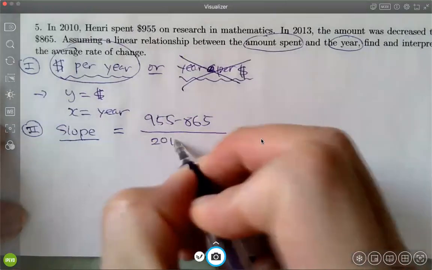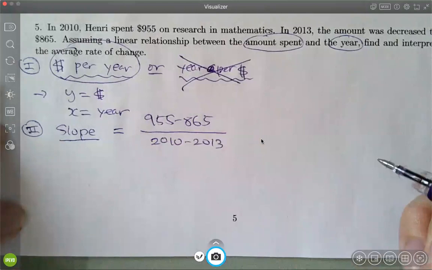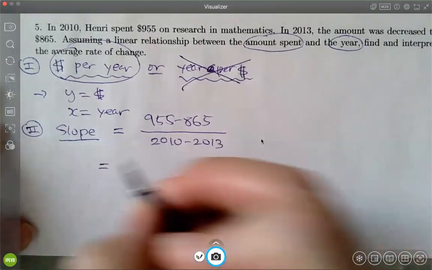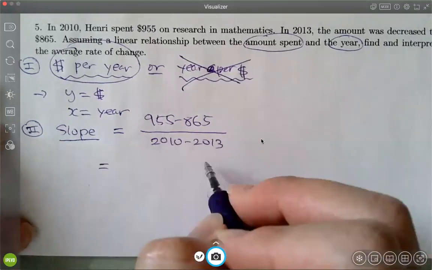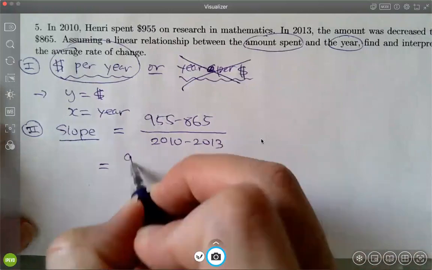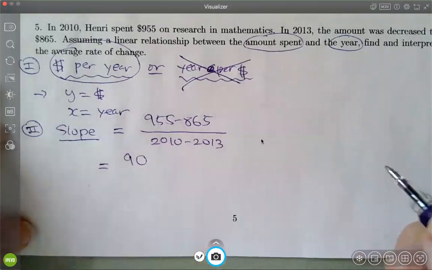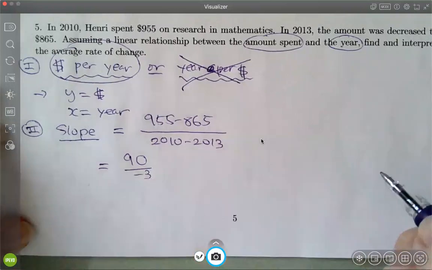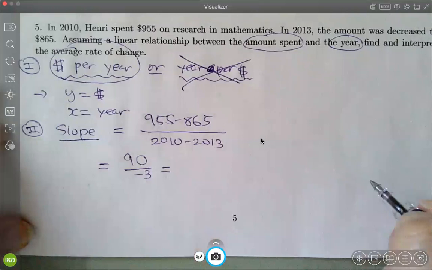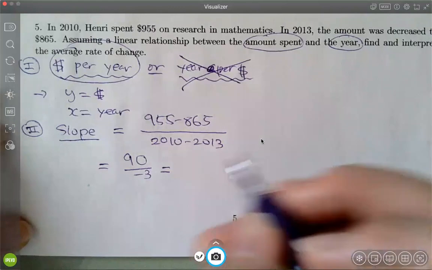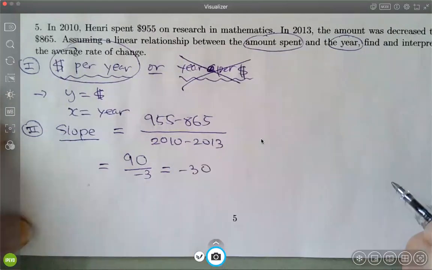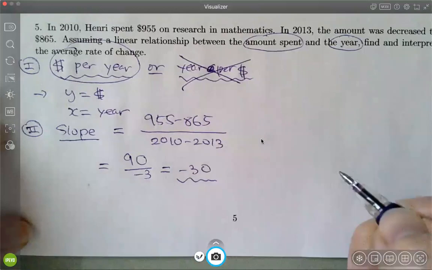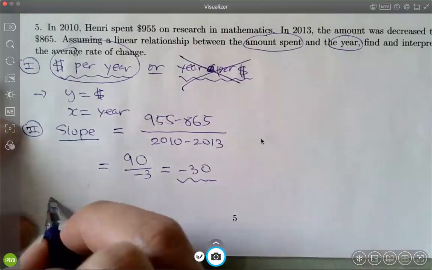So 955 minus 865 is 90, divided by -3. And what is 90 over -3? -30. That's the slope, and now attach the unit. The unit is dollar per year.